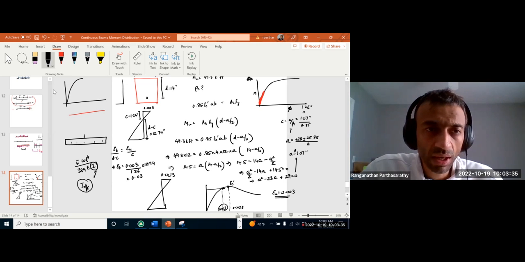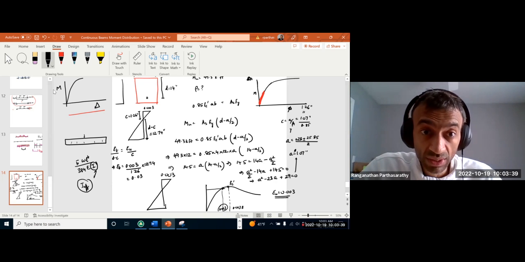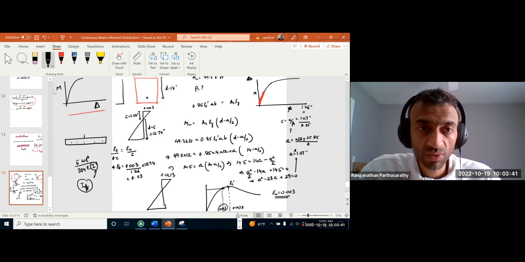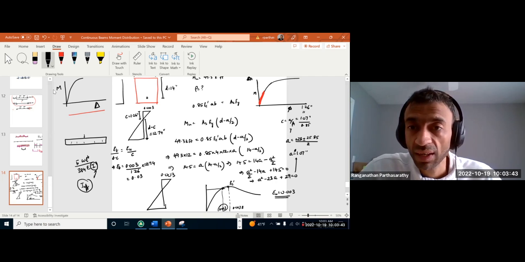That's why this moment versus deflection curve was nonlinear. But the moment curvature, we are not talking at the member level at all. We are only talking at the section level.